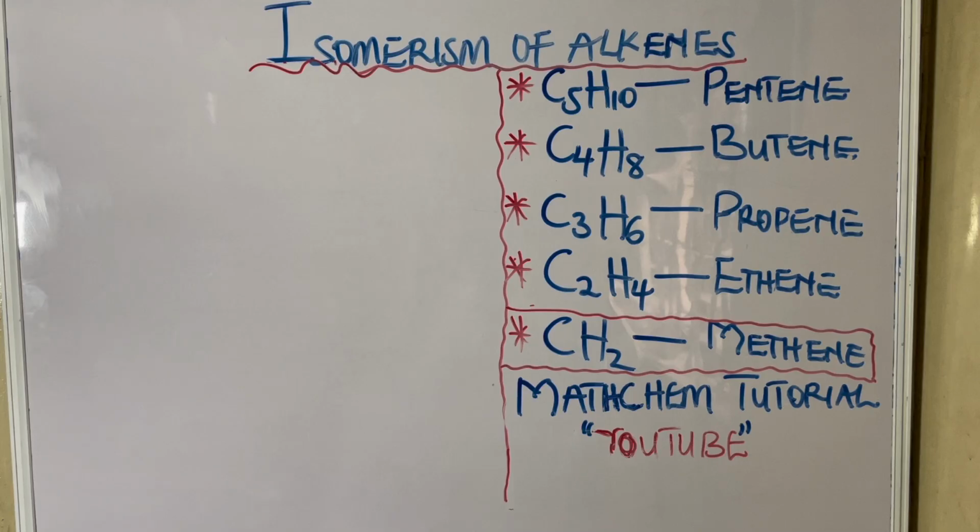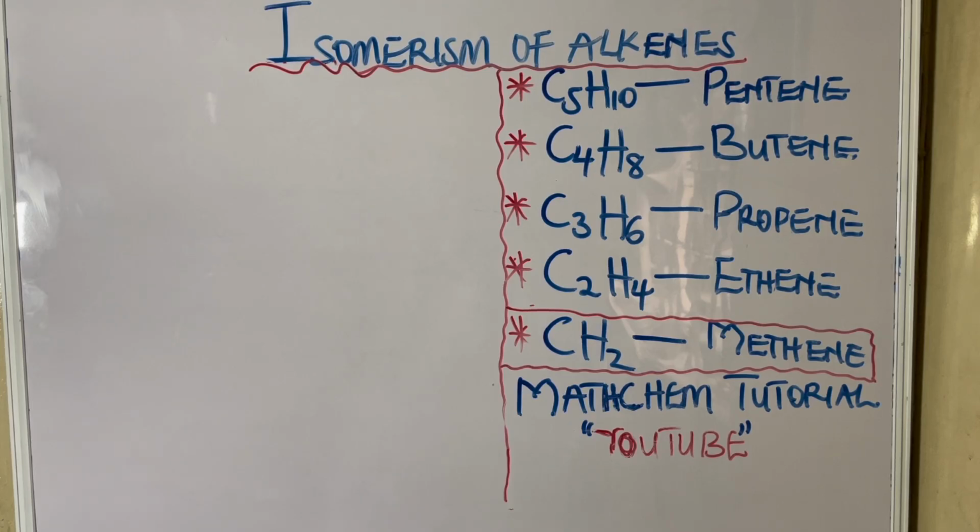Ethene. Okay, and before I proceed, I've made a video of isomerism of alkenes. I want you to watch it because it's going to guide you on how to work around the isomerism of alkene. So this video is only for alkenes. And remember that isomerism is classified into two, which is the structural isomerism and the stereoisomerism.